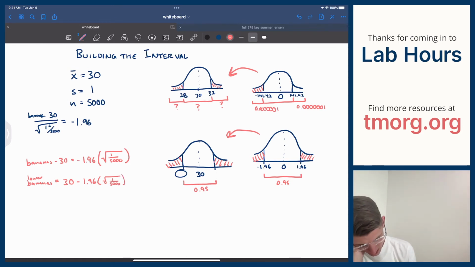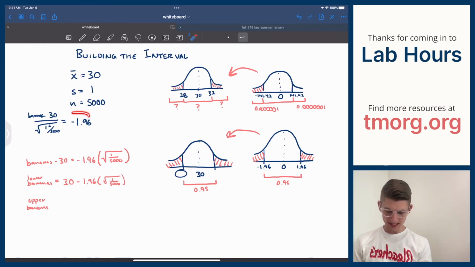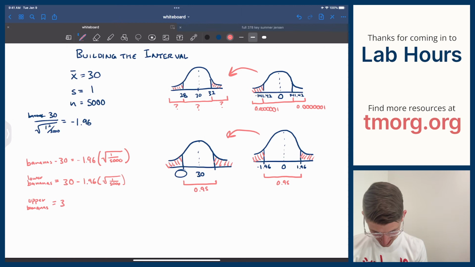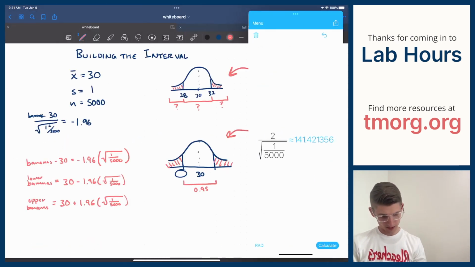And then, if I wanted the upper bound of bananas, bananas is just B-A-N-A-N-A-S, I do know how to spell it, right? Hopefully you can see that instead of negative 1.96, I would put a positive 1.96 right there. So the upper bound for bananas is actually just going to be 30 plus 1.96 times the square root of 1 over 5,000. And let's figure out what those numbers are really quick.